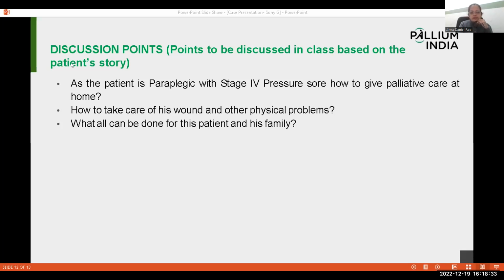Then what else can you do? Recreational therapy you can use for the patient. He is also worried about his brother's earnings because he is totally dependent. I think this patient is paraplegic, so better you see a physiatry doctor, and maybe physiotherapy will be helpful for this patient.